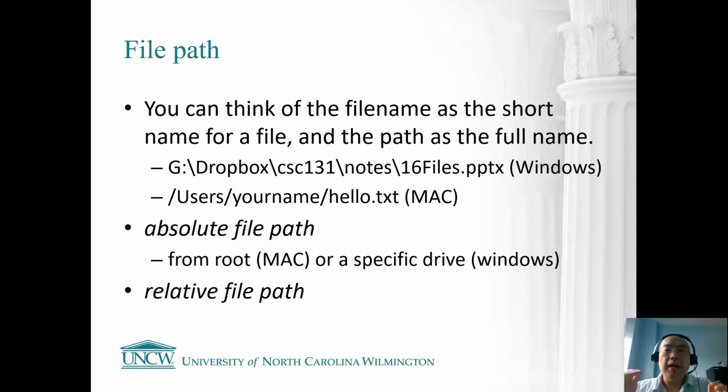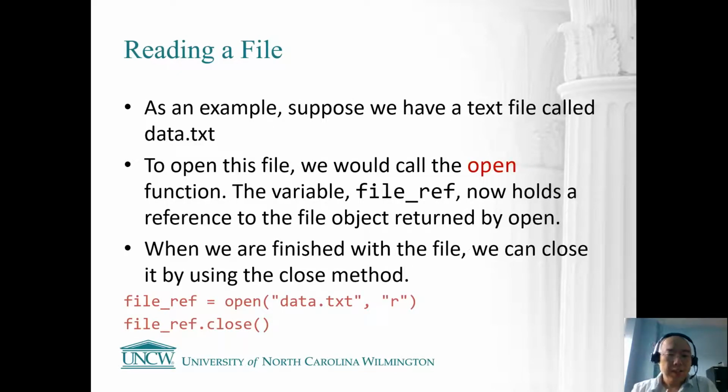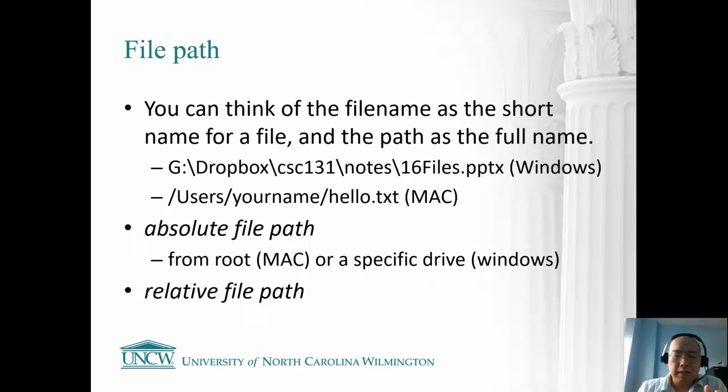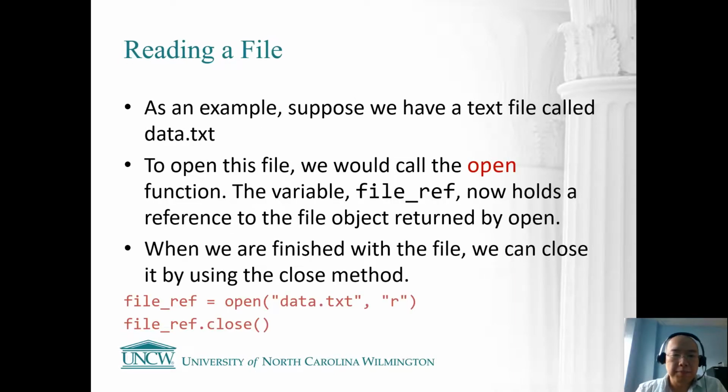I just specify that file name, and that's good enough, because if the file I'm trying to touch and the .py file I'm writing right now are in the same folder, then tada, I just specify the file name and it can find it. Okay, so in this lecture and most of the time, we are going to use the relative file path just to make our lives a little bit easier.